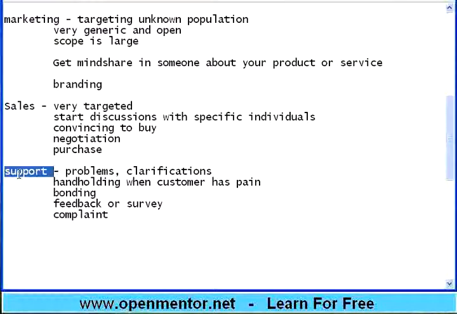Support deals with people who have been using your product or services. So they are the real people using your product. So the number of population you address here is very large, and much smaller here, right? So all these three put together is called the CRM, customer relationship management.